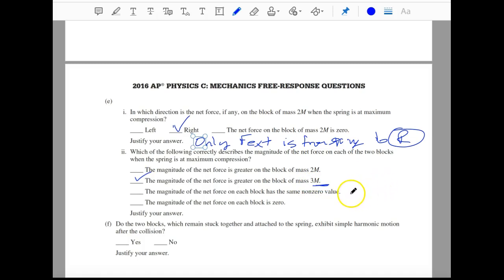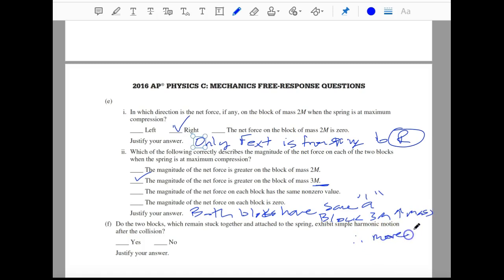Both blocks have the same acceleration, because they are together, but block 3m has a greater mass, and so therefore it should have more force acting on it.